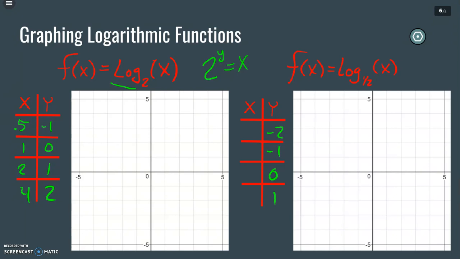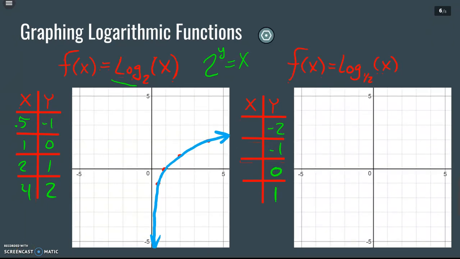So our graph is going to have (0.5, -1), (1, 0), (2, 1), and (4, 2). So our curve looks similar to what it did before with exponentials, but now my function is going to live just to the right of the y-axis.